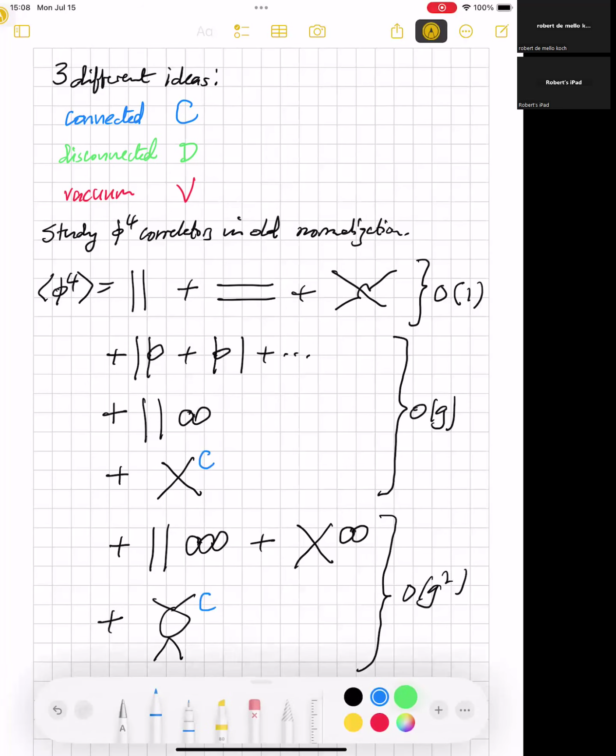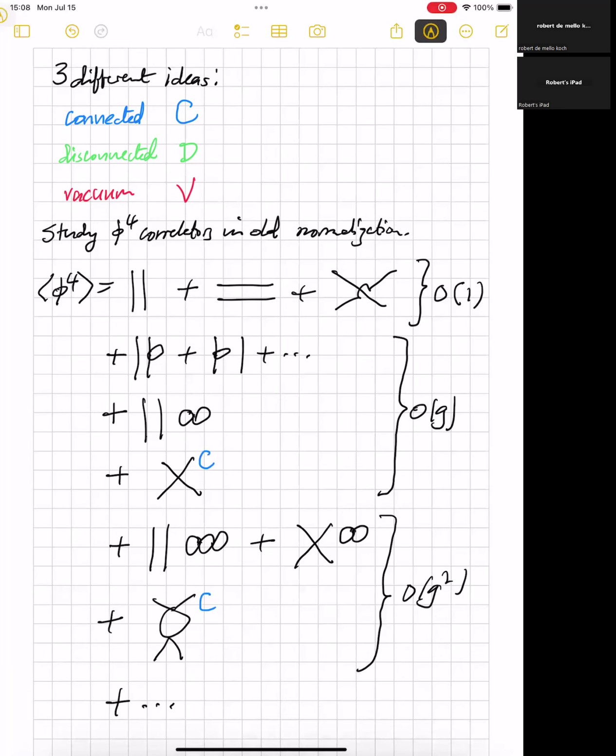Now I want you to do exactly the same thing, but label all of the diagrams that are disconnected. So pause the video and label it. Okay, did you do it? Let's check. This is disconnected. This is disconnected. This is disconnected. Disconnected. Disconnected.